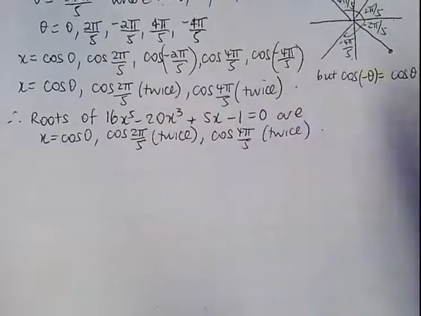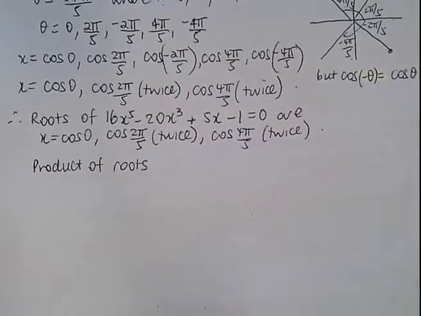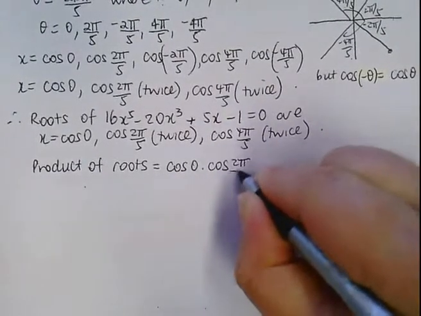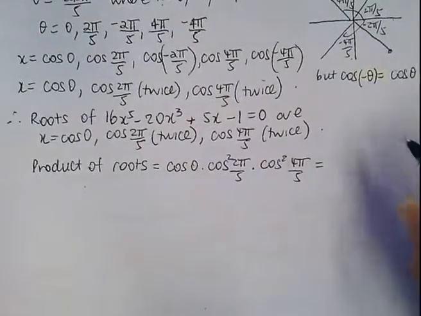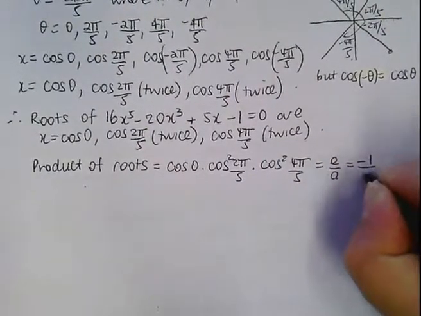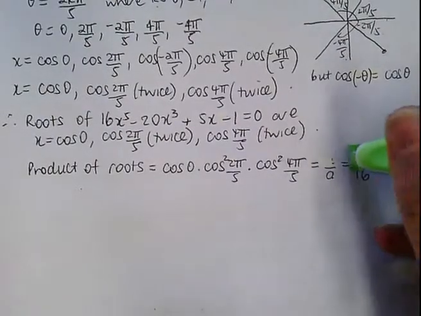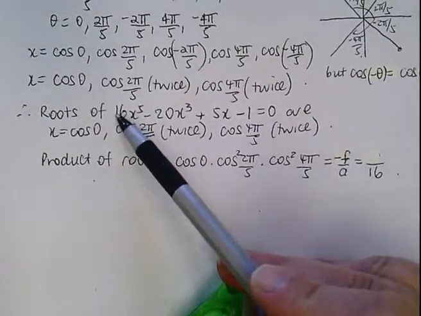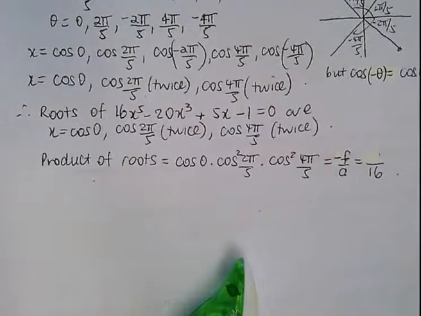So let's look at the product of roots. The product of roots is cos of 0 times cos of 2 pi on 5 twice, so it's cos squared 2 pi on 5 times cos squared 4 pi on 5, and that equals negative f on a, looking back at our equation here, because we've got a is 16, b is 0, c is negative 20, d is 0, e is 5, and f is negative 1.